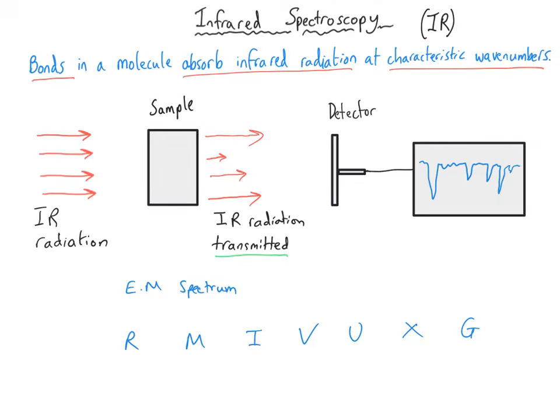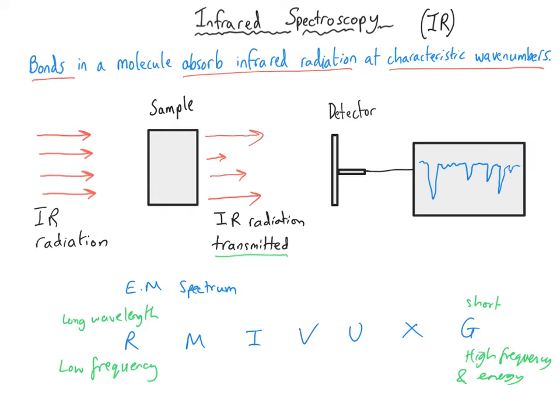So those are all different types of light. And the radio have got long wavelength, and gamma is short wavelength, and radio have got low frequency, and gamma have got the high frequency, high energy.